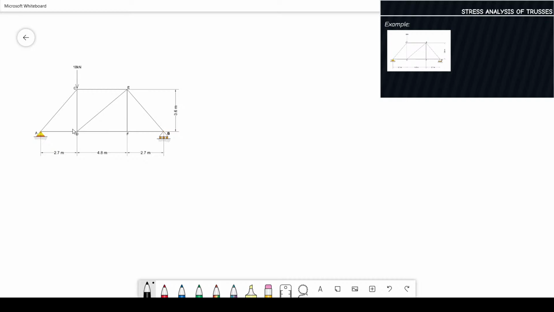When we are dealing with forces, usually we resolve into Fy and Fx. In resolving Fy and Fx, we usually use sine theta and cosine theta. That is, if you are an angle person.